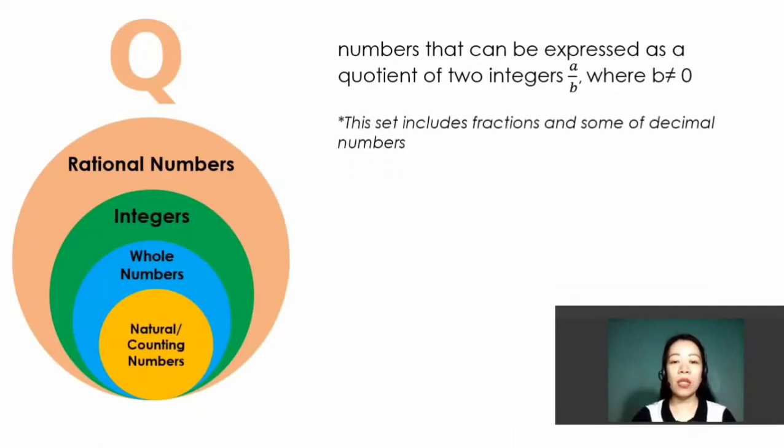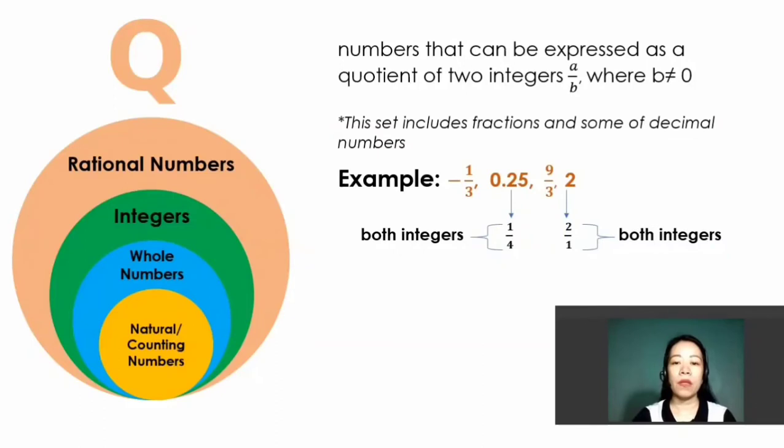This set includes fractions and some decimal numbers. So for example, we have -1/3, 0.25, 9/3, and 2. So, yung 0.25 is equal to 1/4. And 1 and 4 are both integers.